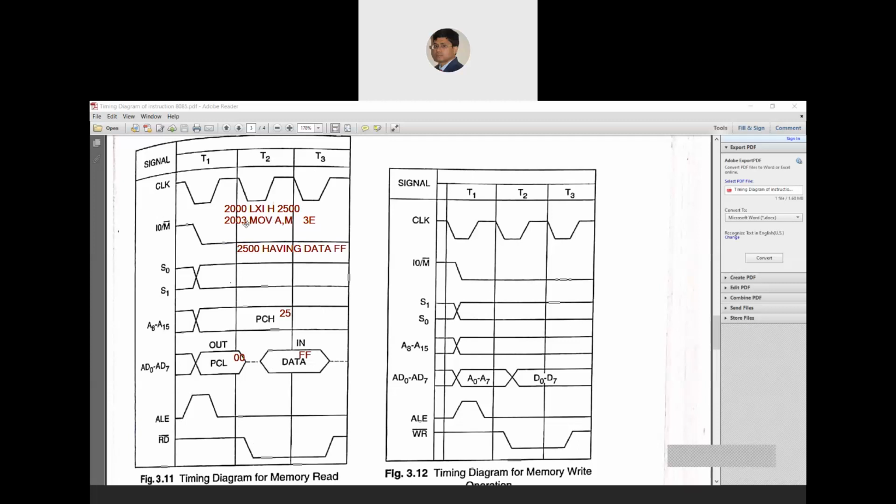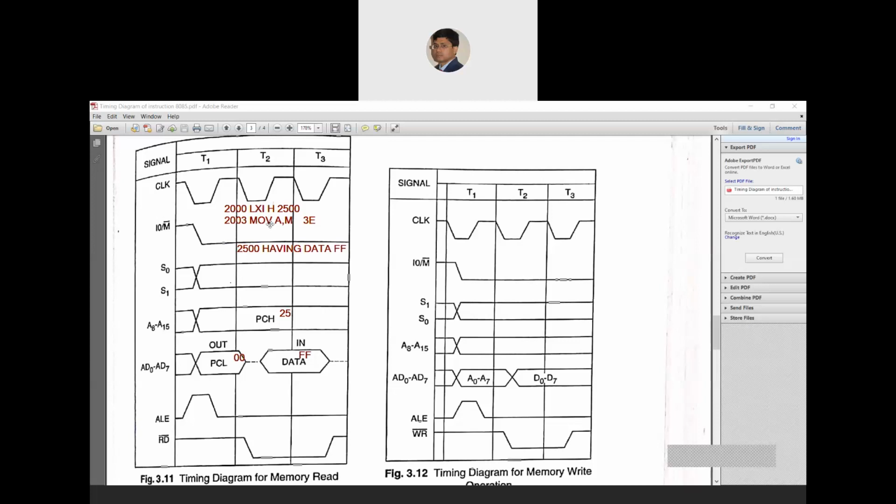I have taken the example of MOV A, M, where I have entered the hex code 3E at the location 2003. So that location 2003 and hex code 3E fetching and their decoding is done in the first machine cycle, that is opcode fetch. The next machine cycle is memory read.